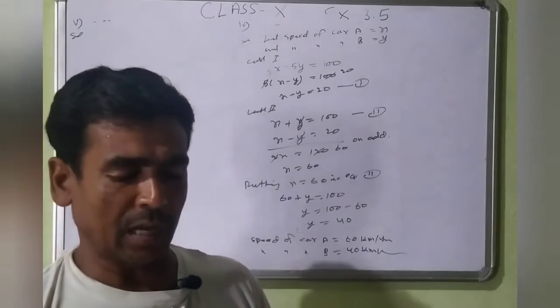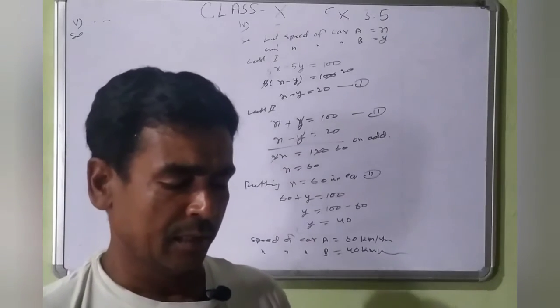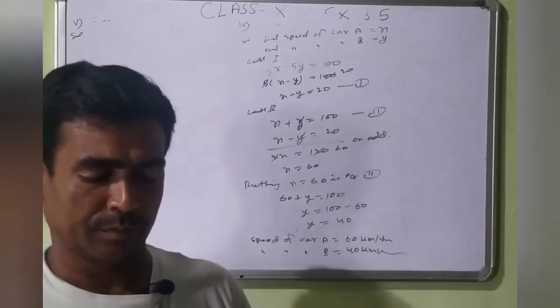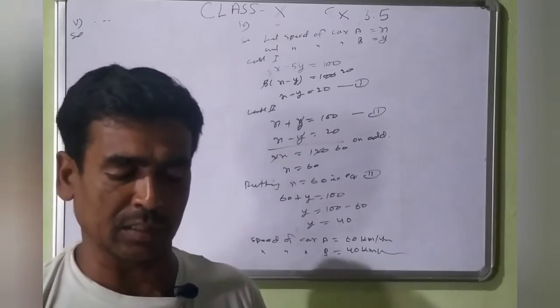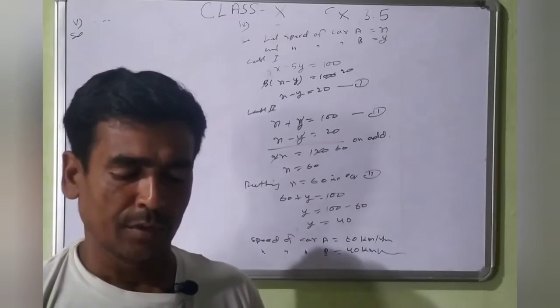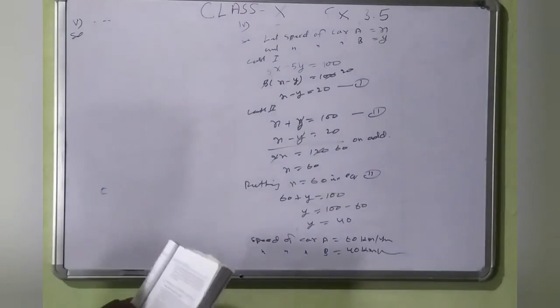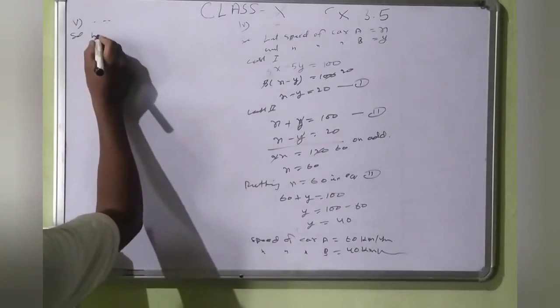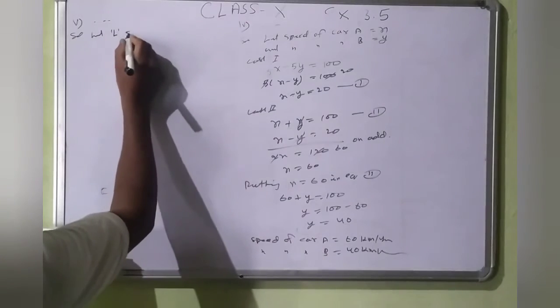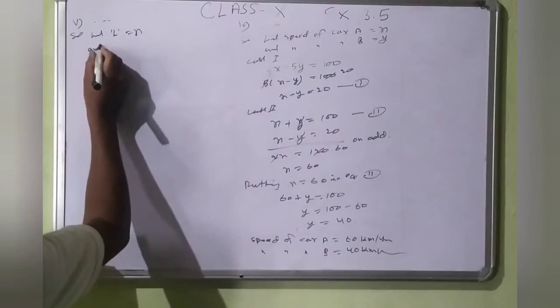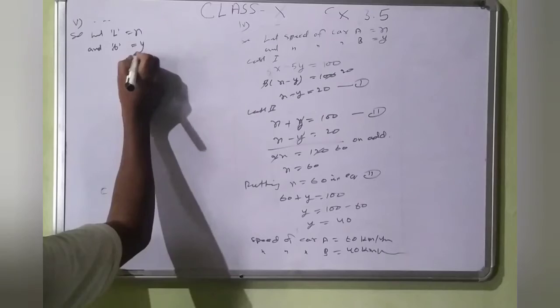If we increase the length by 3 units and the breadth by 2 units, the area increases by 67 square units. Find the dimensions of the rectangle. Let the length be x and the breadth be y.